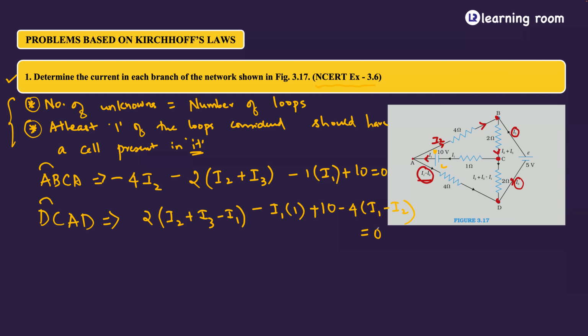So all that you need to validate is opposite signs. Secondly, you need to count the number of elements and the number of terms. 1, 2, 3, 4. 1, 2, 3, 4. Clear? Right?